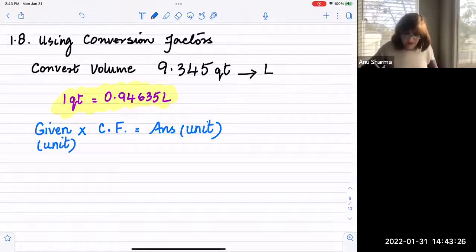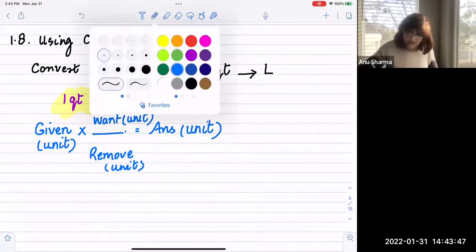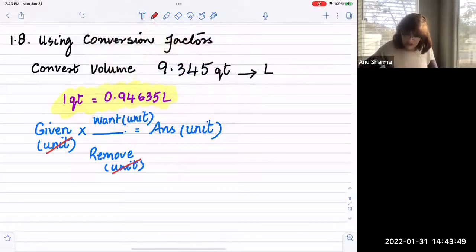In the conversion factor, the wanted units are going to be on the top, in the numerator, and the denominator is going to have the units that you want to cancel out or remove. So the wanted units remain, and the other two units cancel out. This is how you set up the problem.